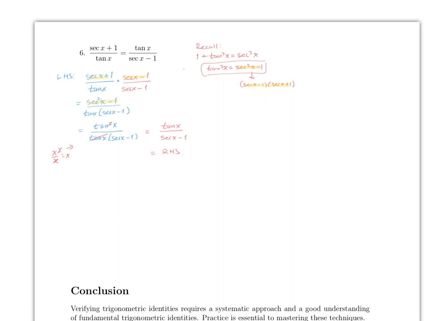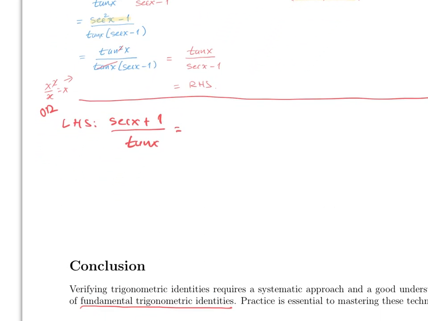So for example, let's say that you're trying to do this problem and you are not sure what to do. Let's start again. You have this, and let's say everything else fails. What you do, and this may take longer, but if you are not sure how to proceed, is just change everything to sine and cosine.